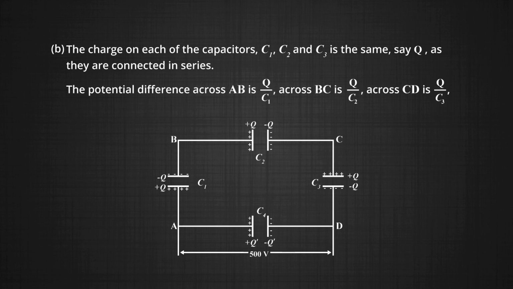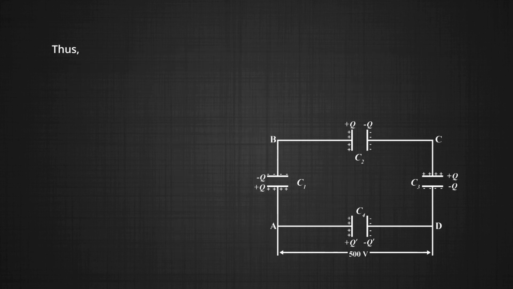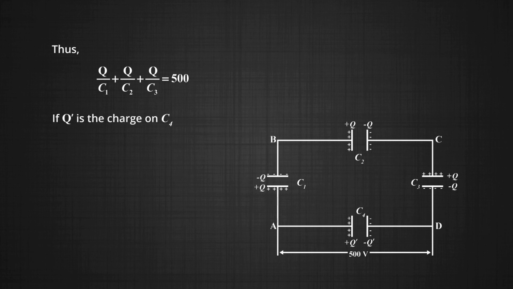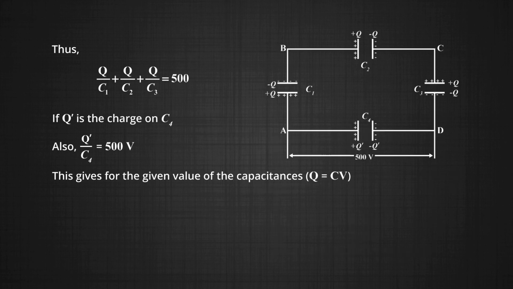Now, since the potential difference across AB is Q by C1, across BC is Q by C2 and across CD is Q by C3, thus Q by C1 plus Q by C2 plus Q by C3 is equal to 500, the supply voltage. If Q dash is the charge on C4, then also Q dash by C4 should be equal to 500 volt. This gives the given value of the capacitance.